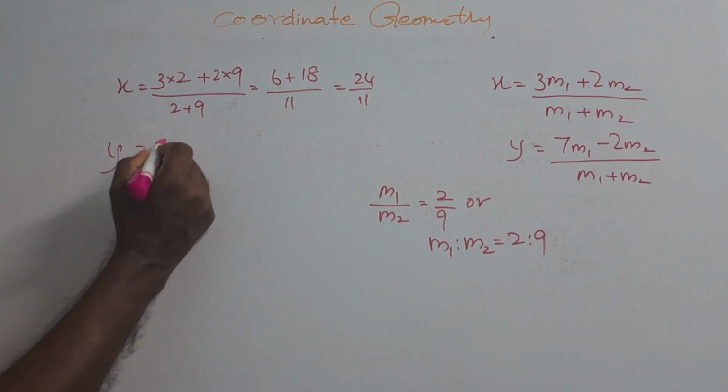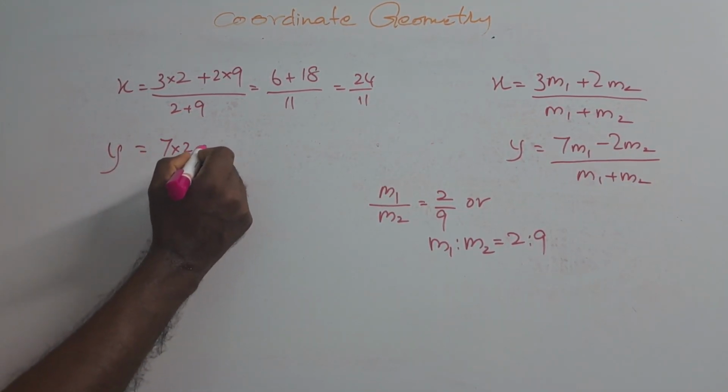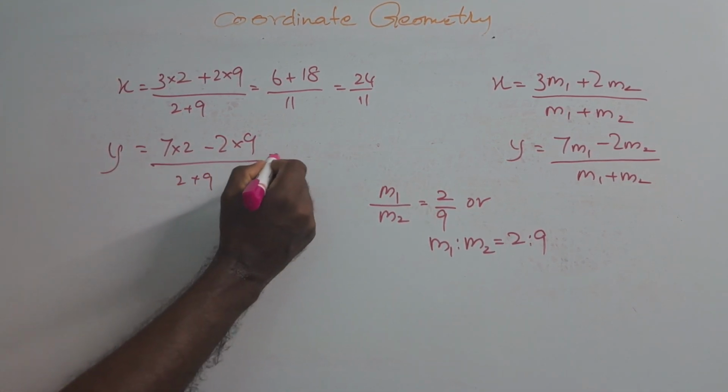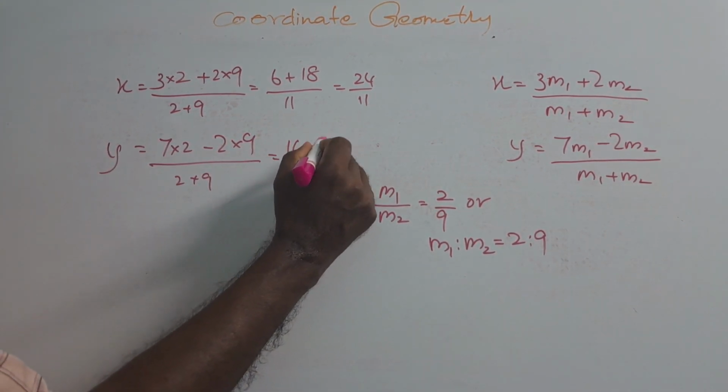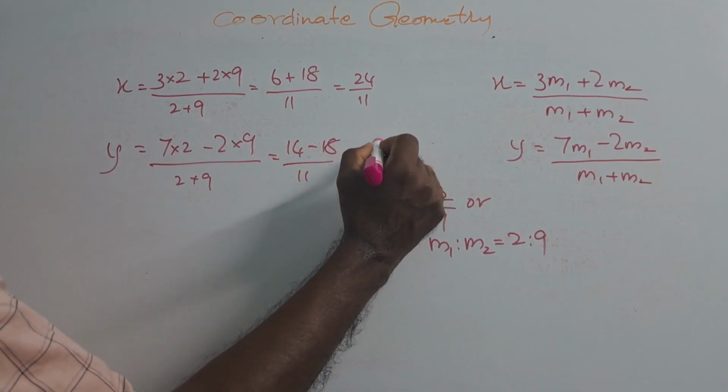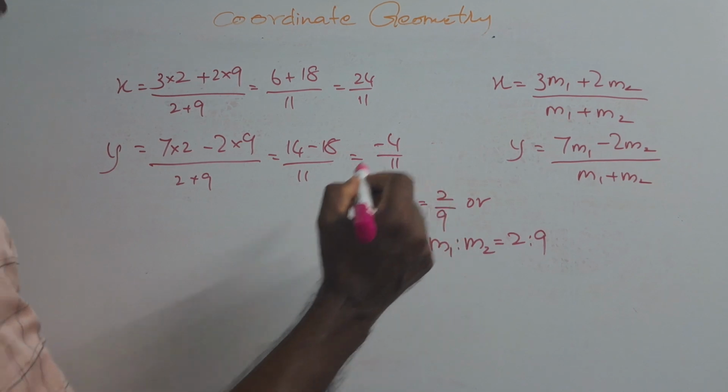Y is equal to 7 into 2 minus 2 into 9 by 2 plus 9, equals 14 minus 18 by 11, equals minus 4 by 11.